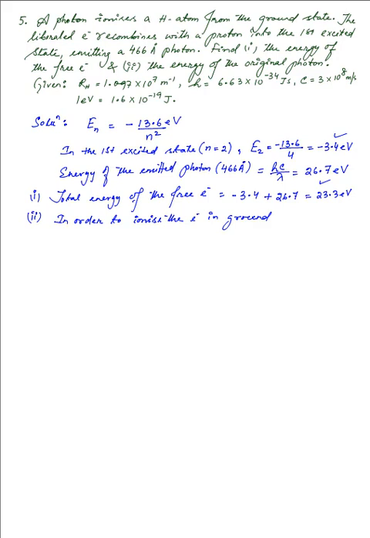The energy that needs to be supplied will be exactly that much, but positive, because the bound state has to be freed, so the total energy of the electron has to be 0. So the energy to ionize the electron in the ground state will be equal to the positive value, 13.6 electron volts. I hope you understand this.